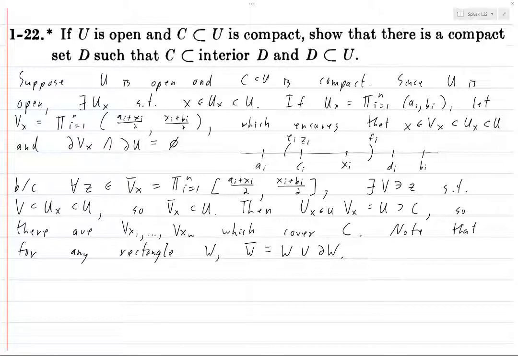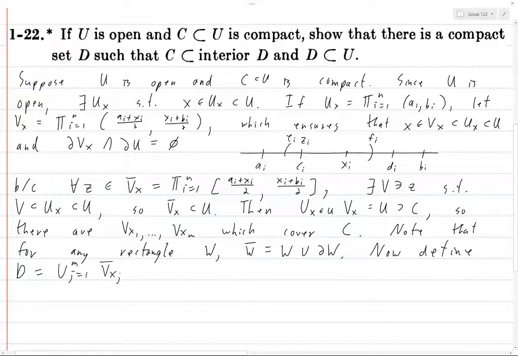And yeah. So now, to find D, we want D such that this is going to be precisely the union from j equals 1 to m of the closure of the Vxj's.